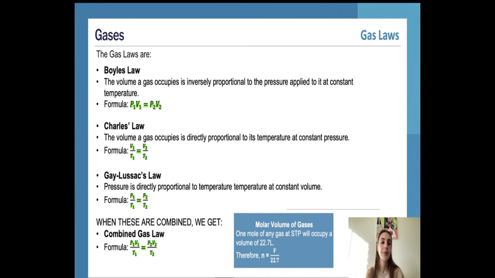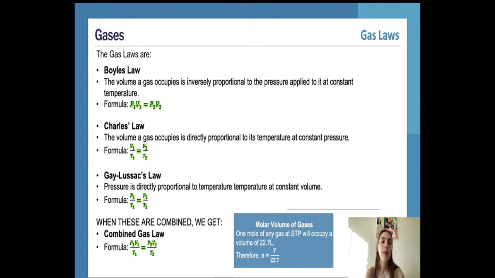And so it's important to note that for all of these, they have to be used in conjunction with a reaction. So if we know a starting pressure, a starting volume, and then a finishing pressure, we could use Boyle's law to find the finishing volume.